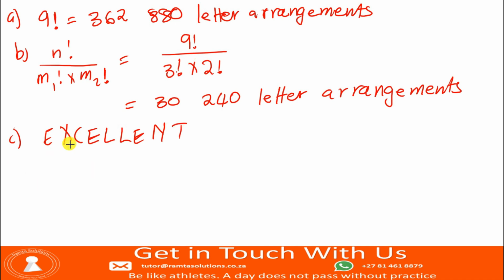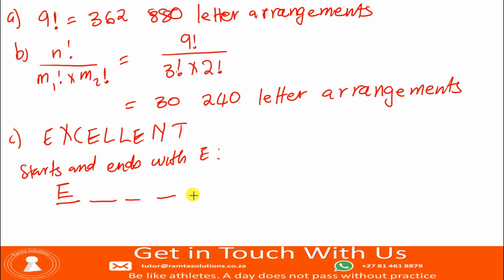Let's say starting with E, and ends with E. Let's look at it. This is E. There are 9: 1, 2, 3, 4, 5, 6, 7, 8, 9.